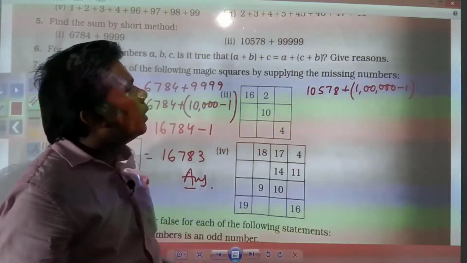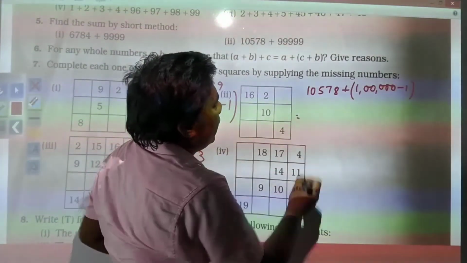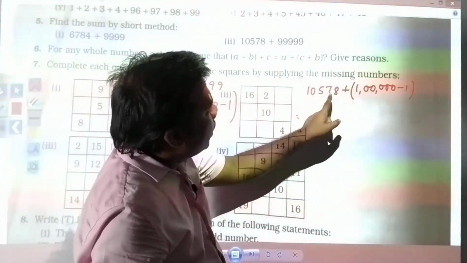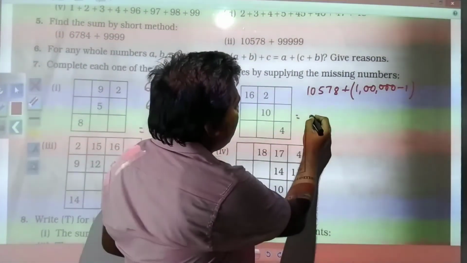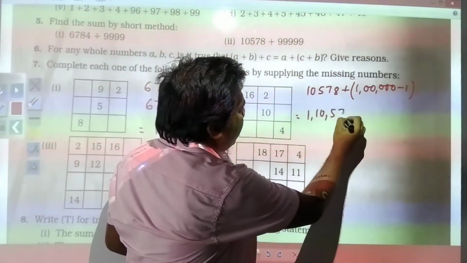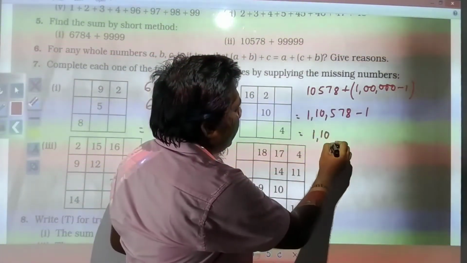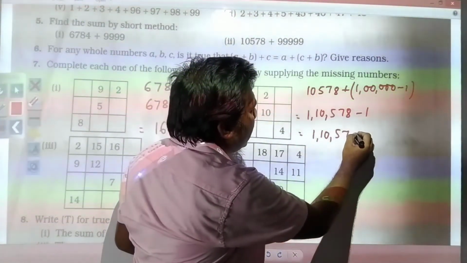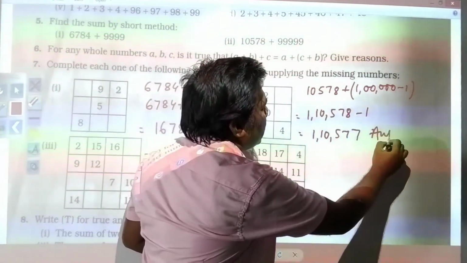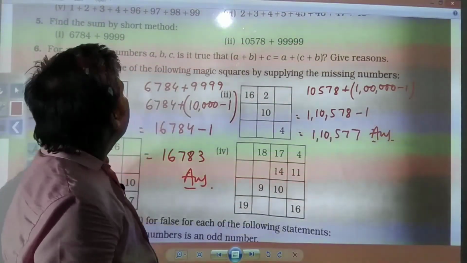So you will get 99,999. Now it can be written as, here you have 10,578. So 1 lakh 10,578 and minus 1. It means 1 lakh 10,577, and this will be your answer. So in this way, this is required to be done.